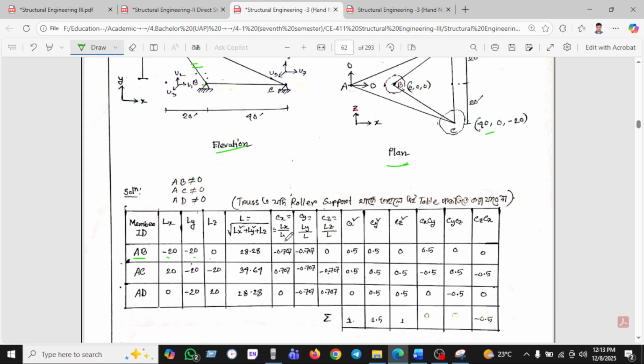Cx is Lx divided by L, Cy is Ly divided by L, and Cz is Lz divided by L. Now we calculate Cx square, Cy square, Cz square, Cx Cy, Cx Cz, Cy Cz, and after finding all these values, we take their sum.